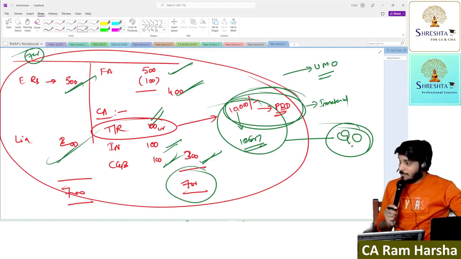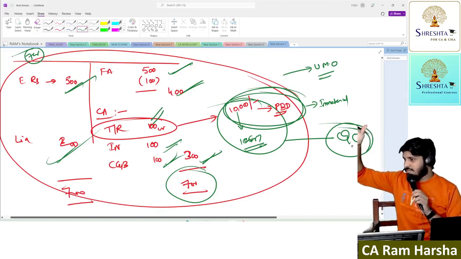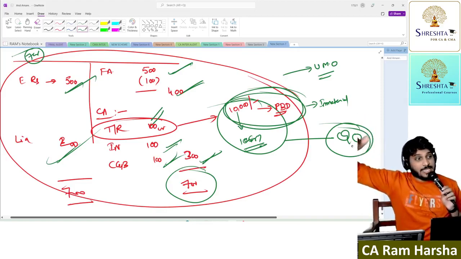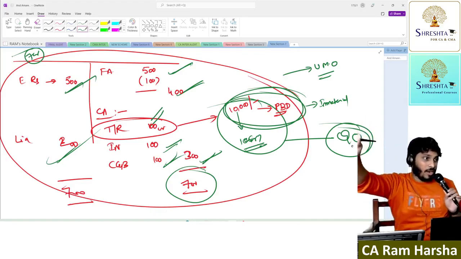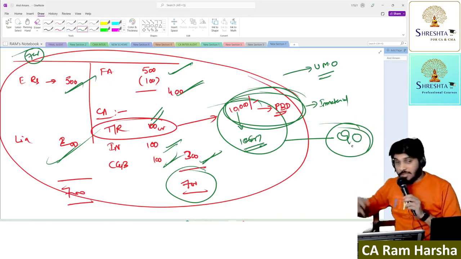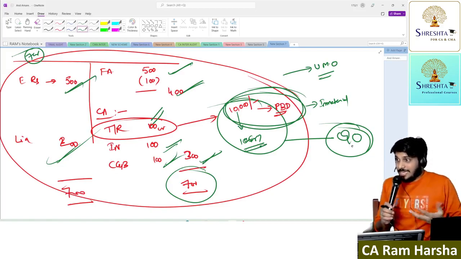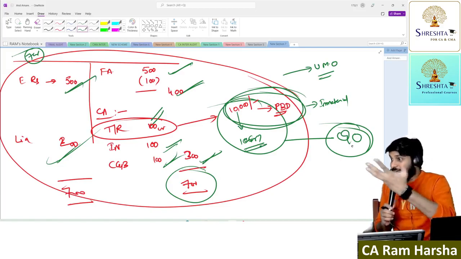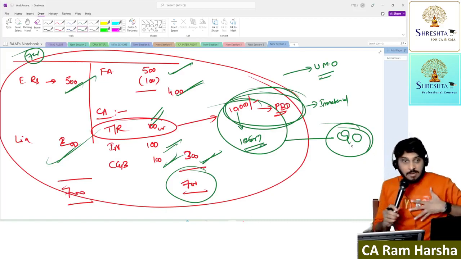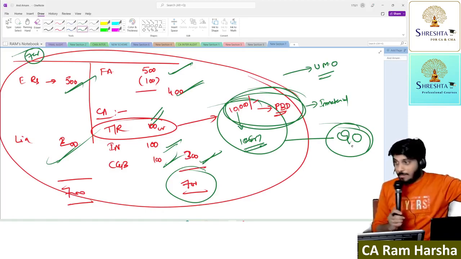Some auditors may feel 10 crore out of 700 crore is not pervasive, and they may still give a qualified opinion. Some auditors may give a pervasive view. Remember, what is material and what is pervasive is a matter of professional judgment. What I feel is material, you may not feel is material. What I feel is pervasive, you may not feel is pervasive.